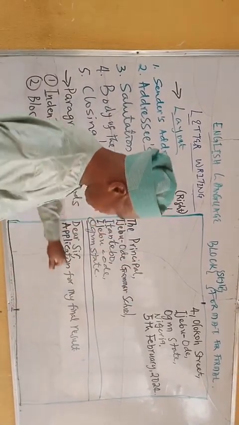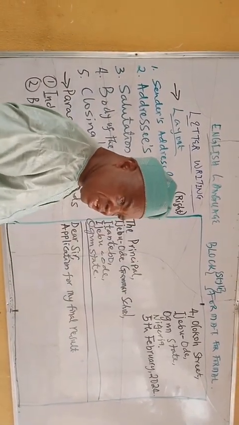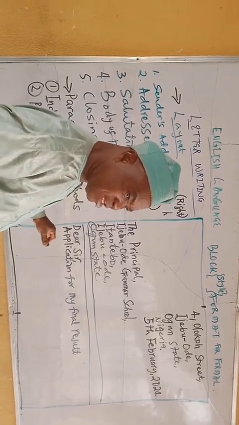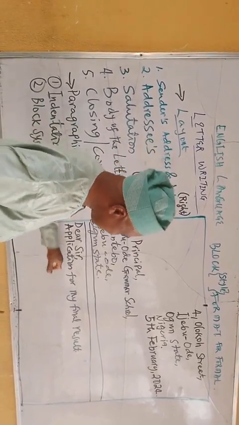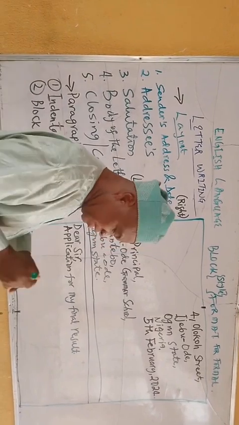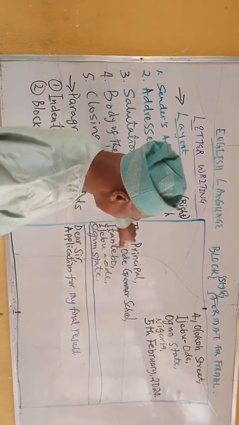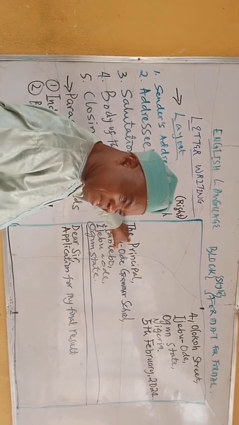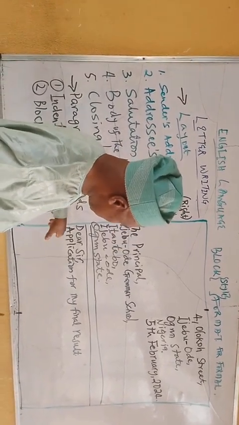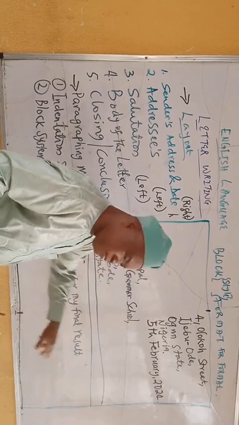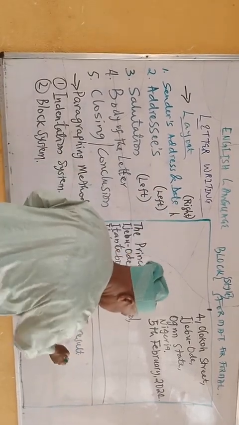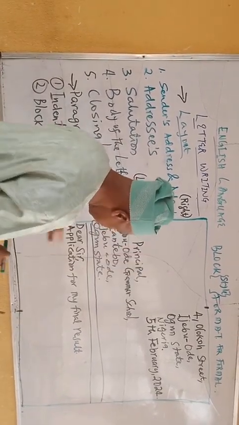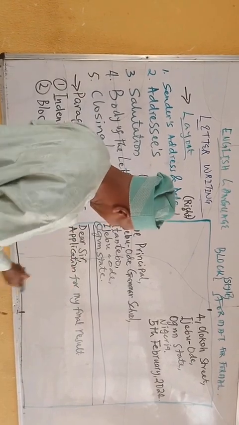So, application for my final result. That means the person is saying, I've been a student in this college and I want to get my final result now. You are writing to an official, so it's a formal letter. Don't forget, there must always be the full stop.